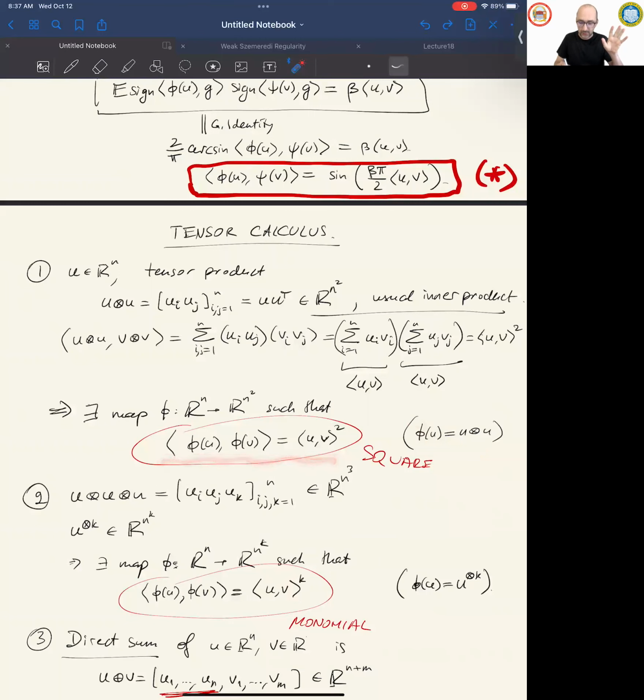Even from here, you can see. Just take u equal v. So on the left, you'll have the norm of phi of u squared, which we want. On the right, you'd have the norm of u squared, which is 1. So the norm of u tensor u is 1. If the norm of u is 1, the norm of u tensor u is 1. So that's okay.